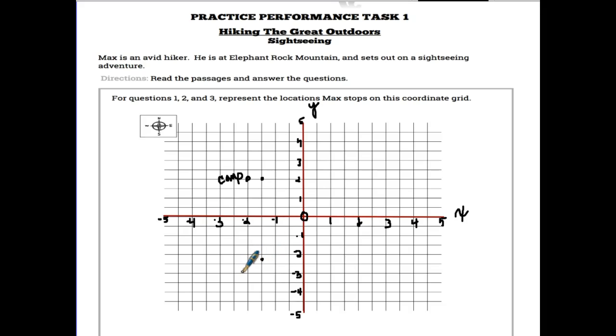And this is Blue Lake. Okay, your points are negative 1.5, comma, negative 2.25.